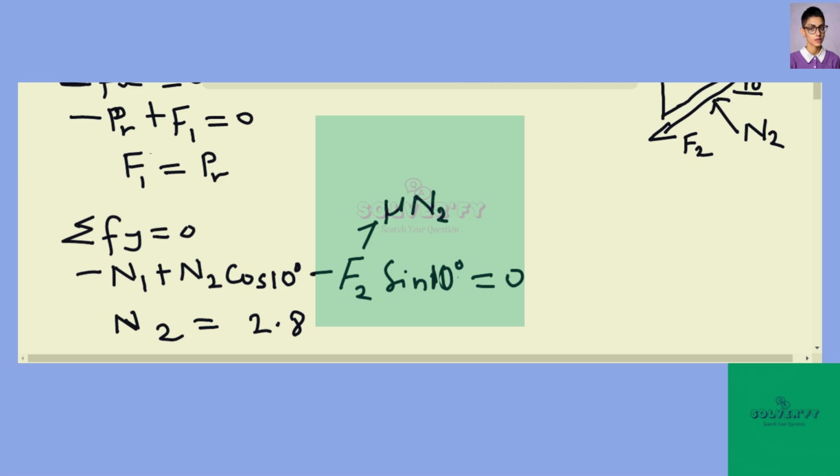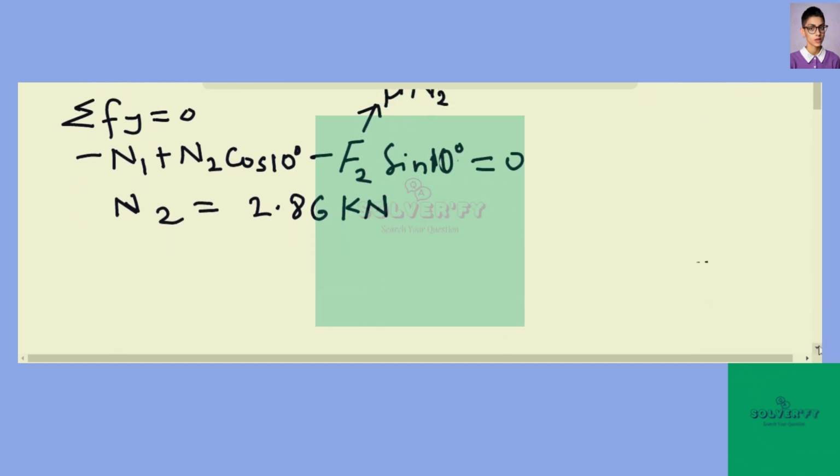So that's the value of this particular one. When you plug in all your values, you're going to have 2.86 kilonewton as your N2. Of course, you know N1 already from before.